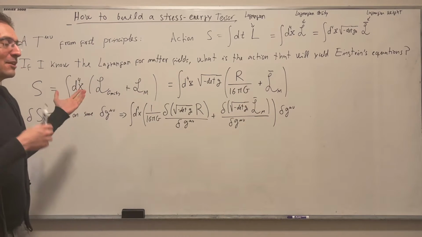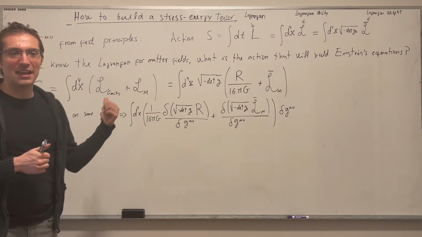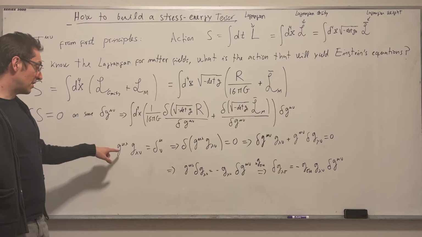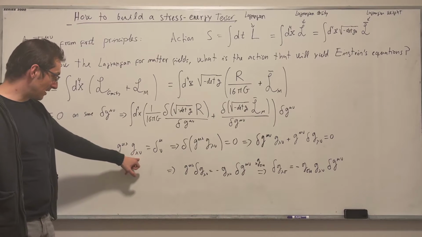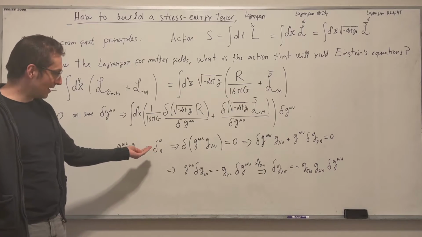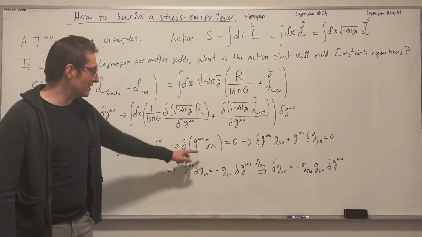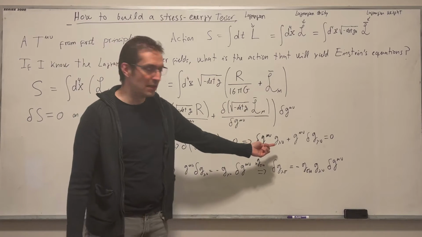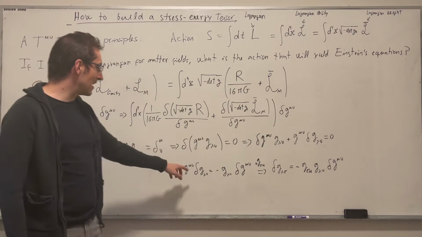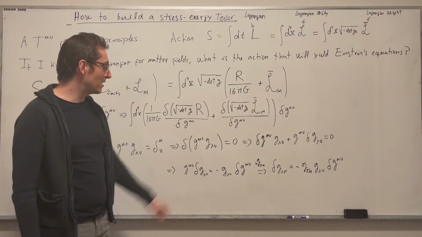It's equivalent to take variation with respect to the inverse metric or the metric in the following sense. Starting from the fact that the metric and the inverse metric, when you multiply them like this, when you contract like that, give you the identity, I take variations on both sides. The variation of the identity gives me zero. Then I have this variation here, apply Leibniz rule. Then put on the left-hand side the variation of the metric tensor, and on the right-hand side the variation of the inverse one.